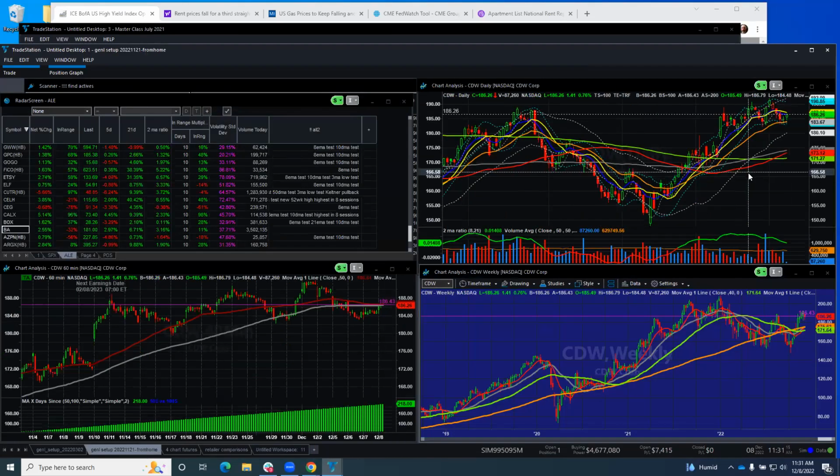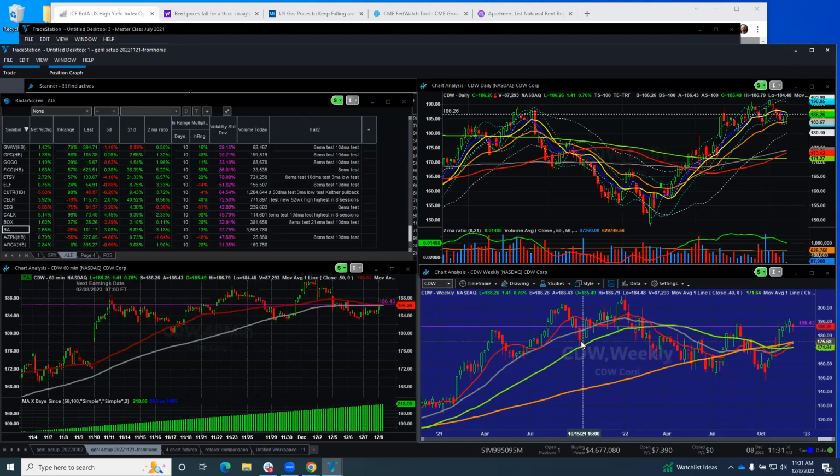All right. So not just to save time, I'm going to show you what I did. You'll notice on this chart of CDW, the green line is the 200-day moving average on the daily. I created it down here on the weekly. This is a real kind of improvised thing to do, but it works. You basically say, what is 200 days in weekly?